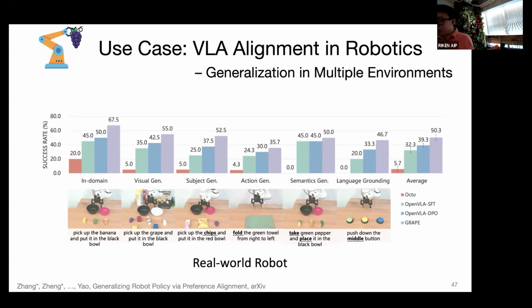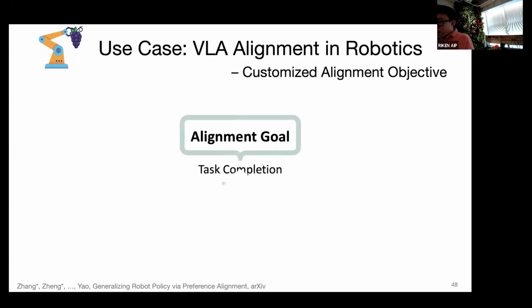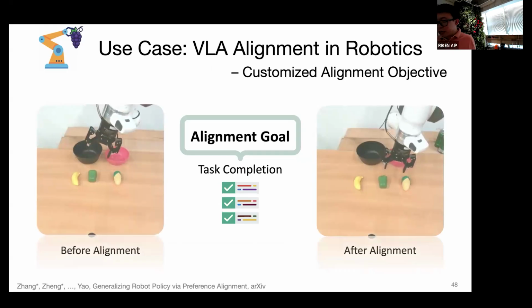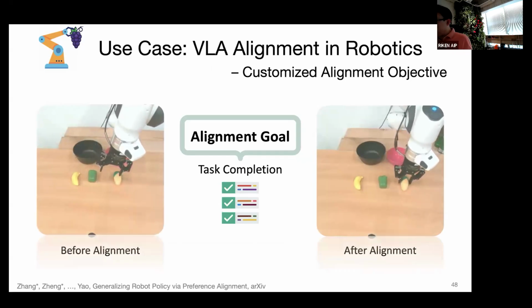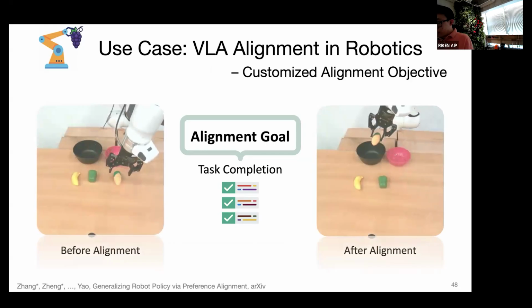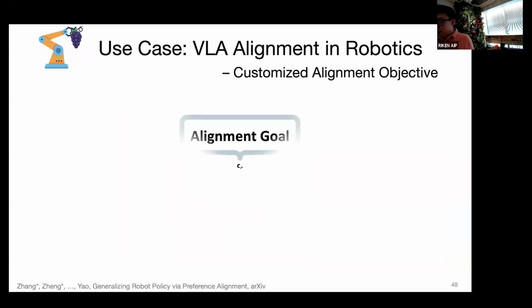So this is the generalization performance across different environments. We will also show some performance of the customized alignment objectives. The first alignment goal is to maximize the task completion, and after the alignment we can see these models perform well on these tasks.